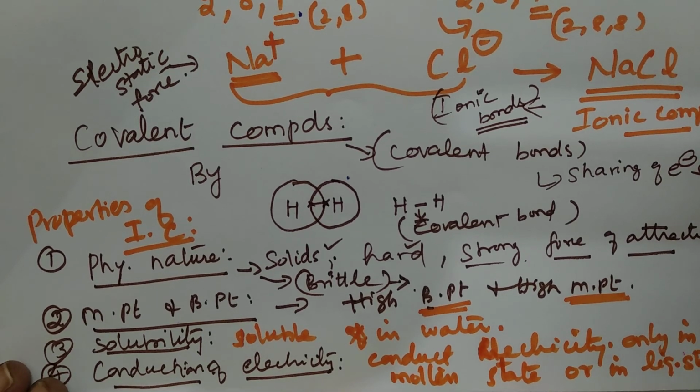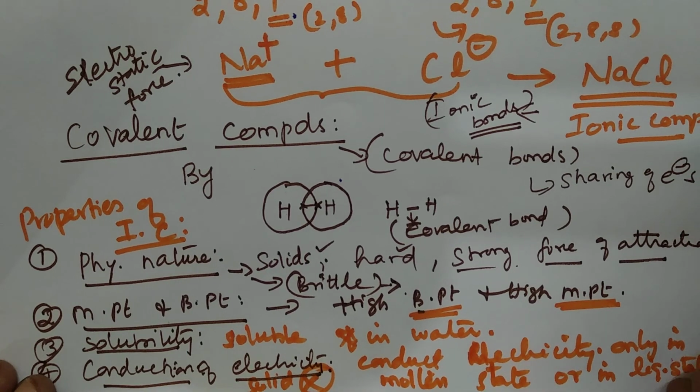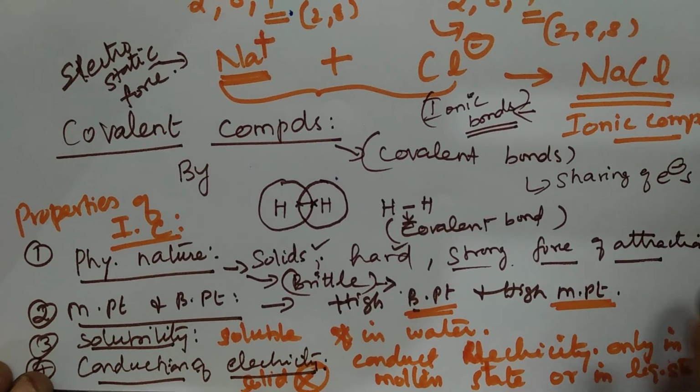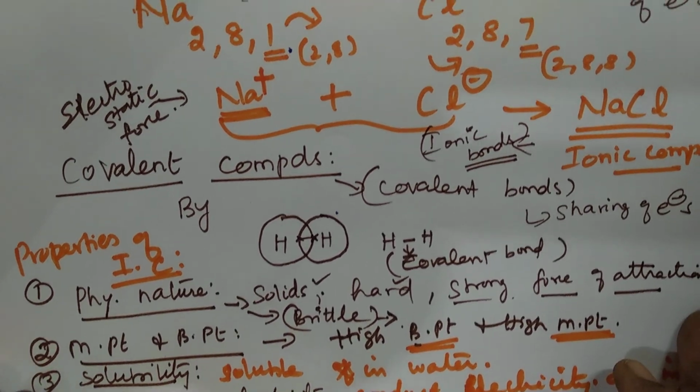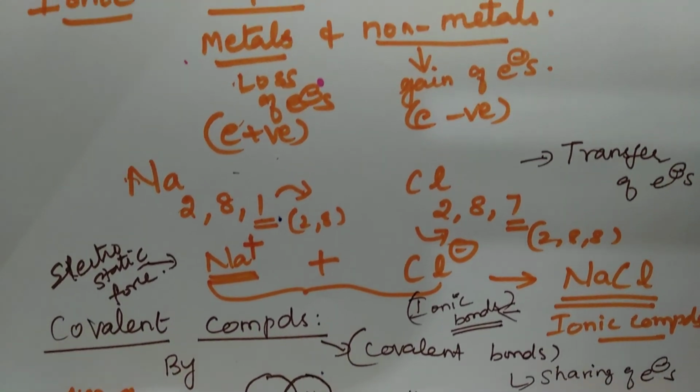We need to be very clear about it, because in the solid state they will not conduct electricity. But once they get fused with water or moisture, they can conduct electricity. That we call the molten state, or when dissolved in water, they can conduct electricity. Is it clear? These are the properties of the ionic compounds.